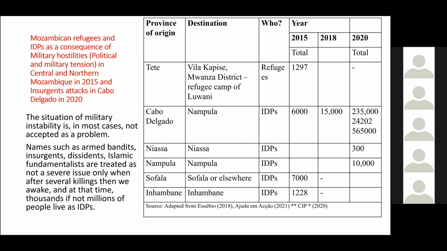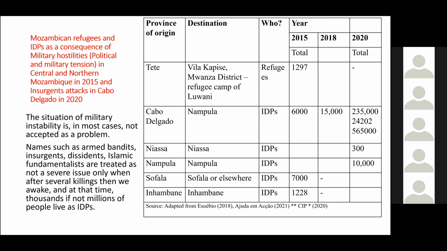There are so many opinions, anyone can have a say on that, saying they are Muslims, they are Christians, they are young people who are unsatisfied with the government and so on and so forth. But what is for sure is that people have been killed and the numbers are here.